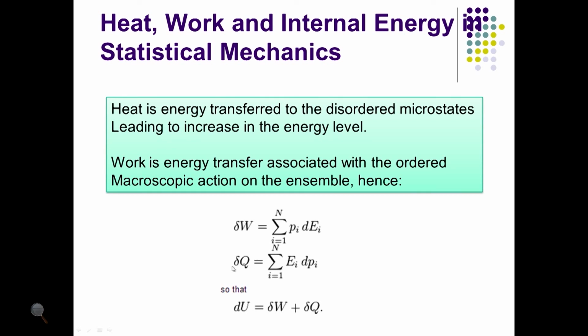For heat, you look at the energy provided as heat multiplied by the probability function. If you combine the two, you come back to the first law of thermodynamics, dU equals delta W plus delta Q. This gives you the connection from the macroscopic world of thermodynamics to the microstates in the microscopic world.